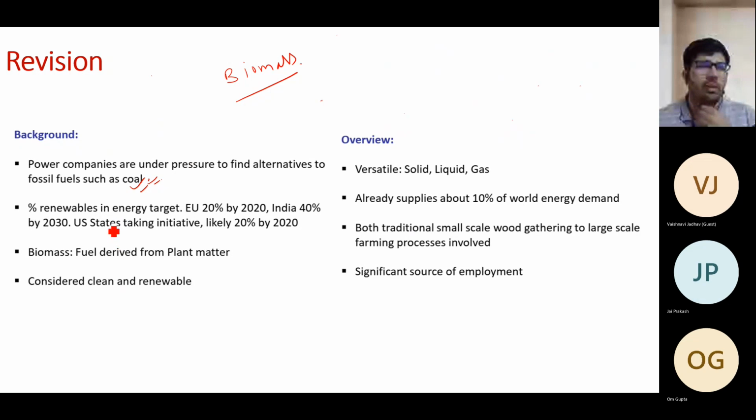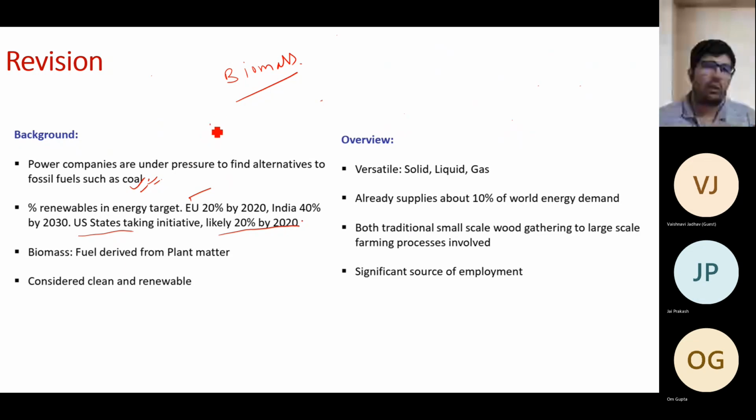The renewables target in the European Union is 20% by 2020. India is having 40% by 2030, and US states are taking initiative, likely 20% by 2020. Due to the issues of global warming, every country or union is setting targets to increase the percentage of renewable energy in the complete energy market.